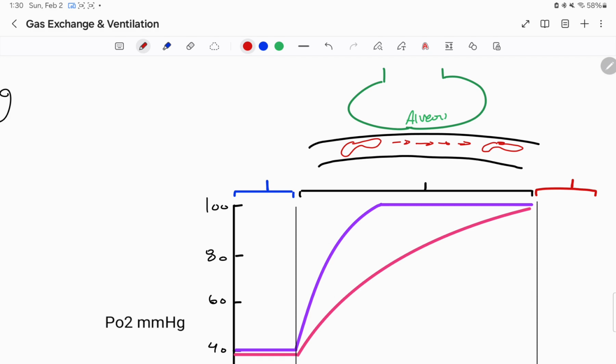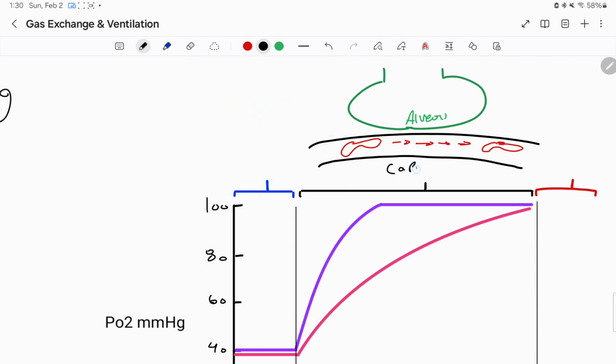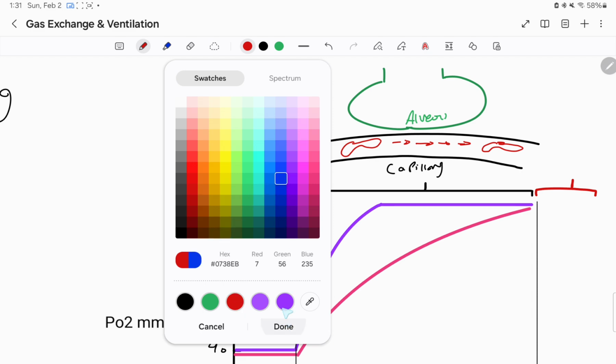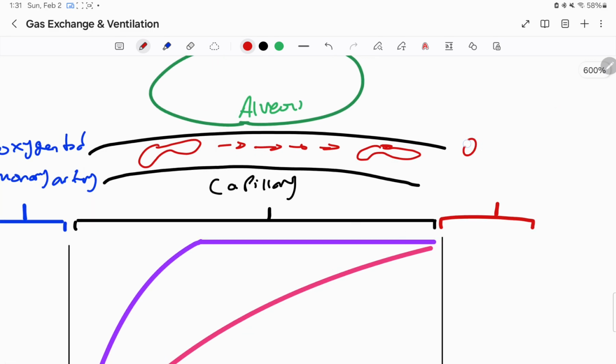So here's that red blood cell moving through this capillary, and it's coming from the deoxygenated pulmonary artery, right? You guys remember this? It's coming from the deoxygenated pulmonary artery, and at this end here, it's going to be moving towards the oxygenated pulmonary vein.